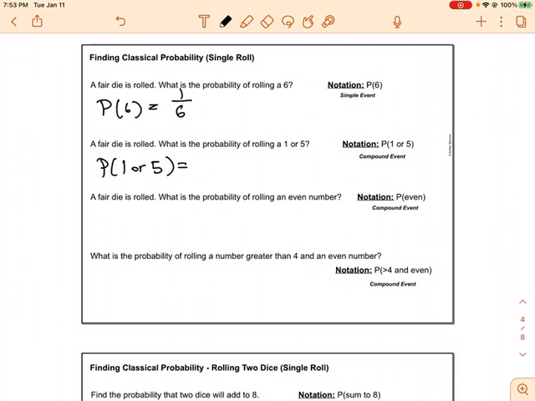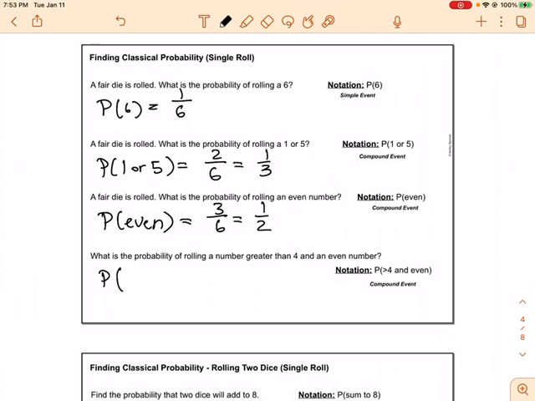Well, 1's on there one time, 5's on there one time, so that's 2 out of 6, which is 1/3. And we always do the most reduced form. An even number. Well, 2, 4, and 6 are my even numbers, so that's 3 out of 6 total, or we have a 50% chance.